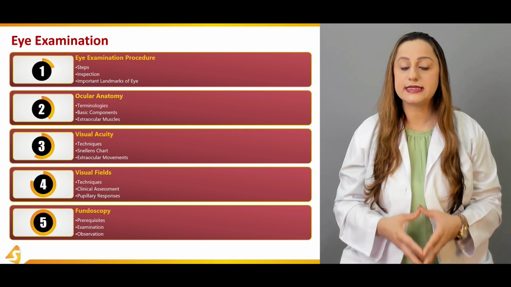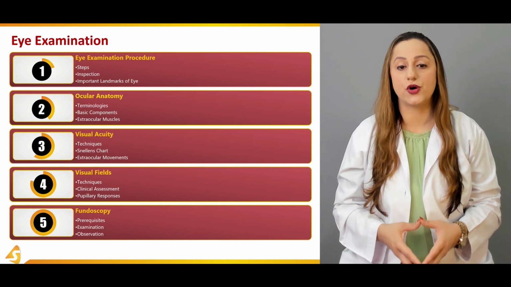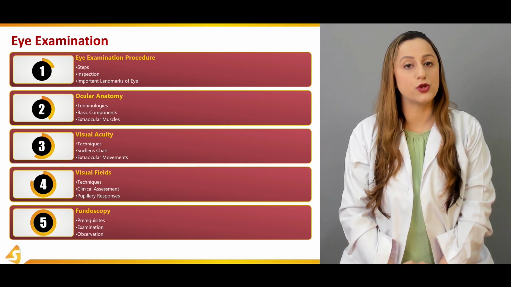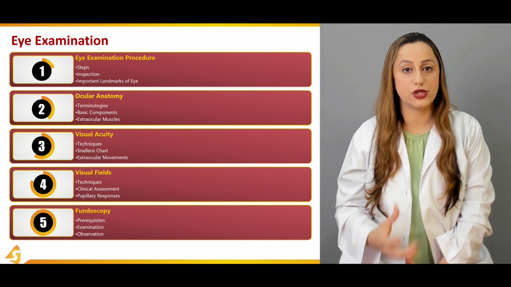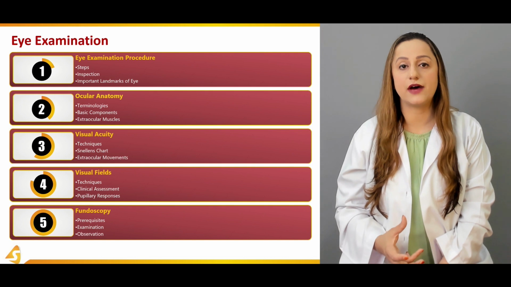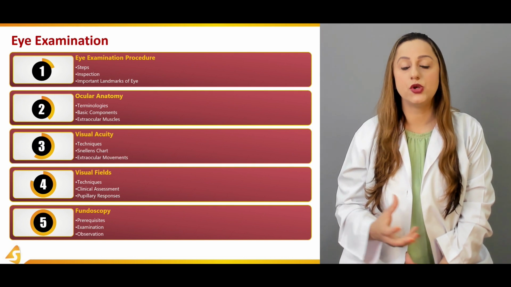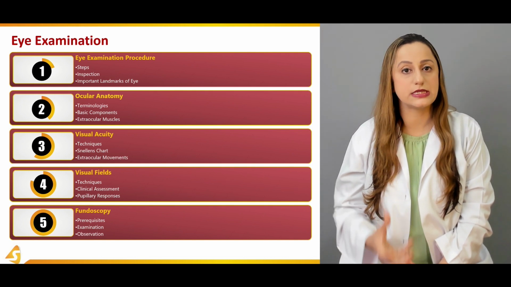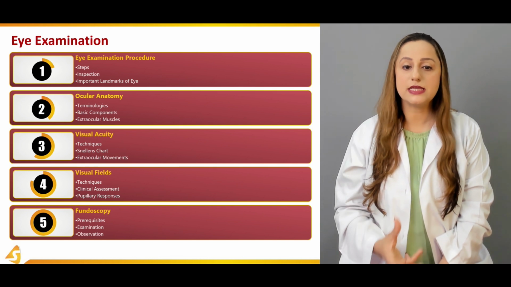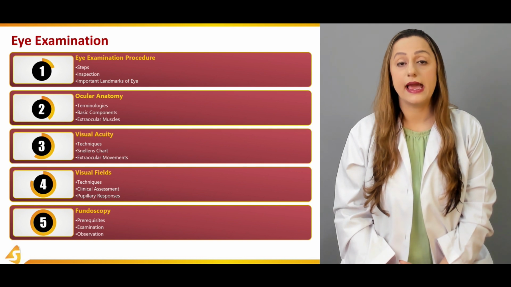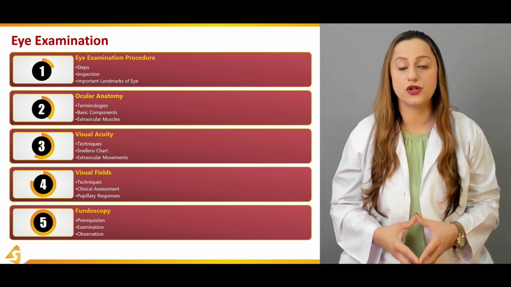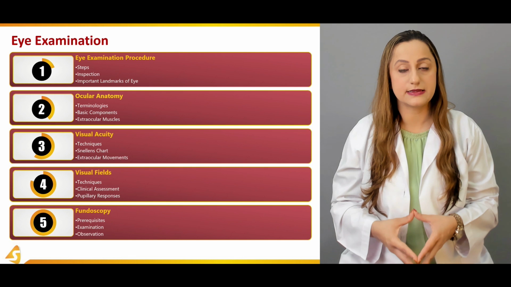In the second section, we're going to move on to the ocular anatomy. When we are discussing ocular diseases, one should have a core knowledge of the normal ocular terminologies that we're going to use. The basic components of the eyeball will be discussed in this section, and then we'll move on to the discussion of the extraocular muscles.